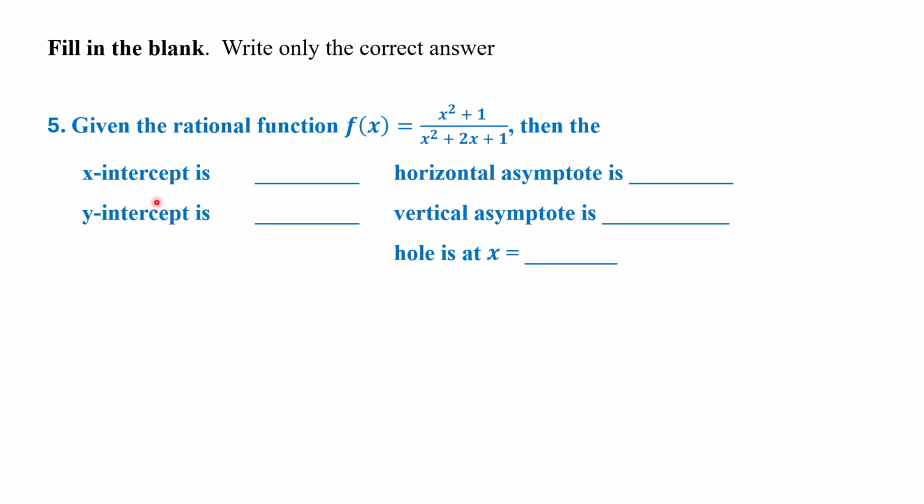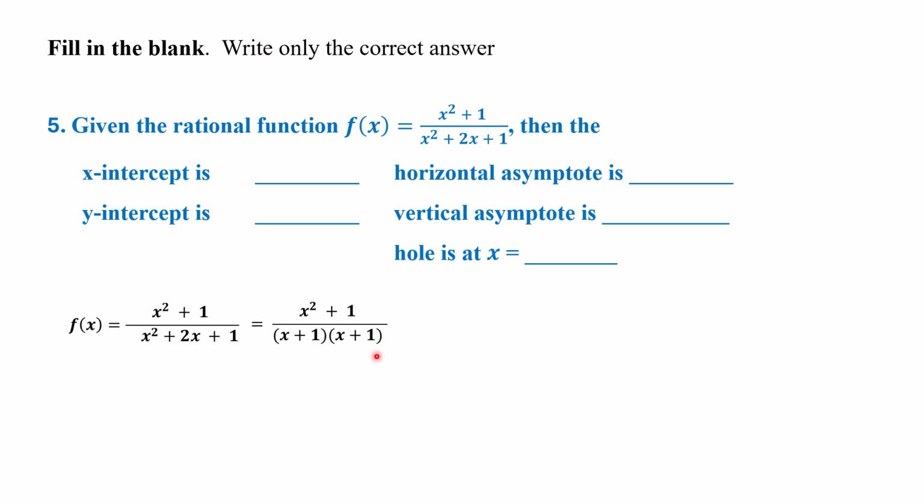Now, the next question is, given the rational function x squared plus 1 divided by x squared plus 2x plus 1, find the following. Let us factor the numerator and denominator. The numerator cannot be factored because it is prime, and the denominator can be factored as x plus 1 times another x plus 1.